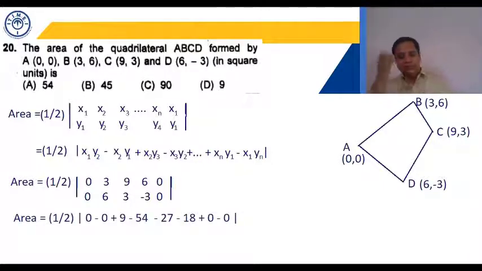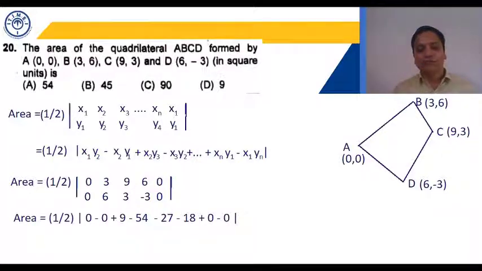Half. 0 into 6 is 0, minus 0 into 3 is again 0, plus 3 into 3 is 9, minus 6 into 9 is 54, minus 54. 9 into minus 3 is minus 27, minus 3 into 6 is minus 18. We are keeping consideration of sign also. Plus 6 into 0 is 0, minus 3 into 0 is again 0.